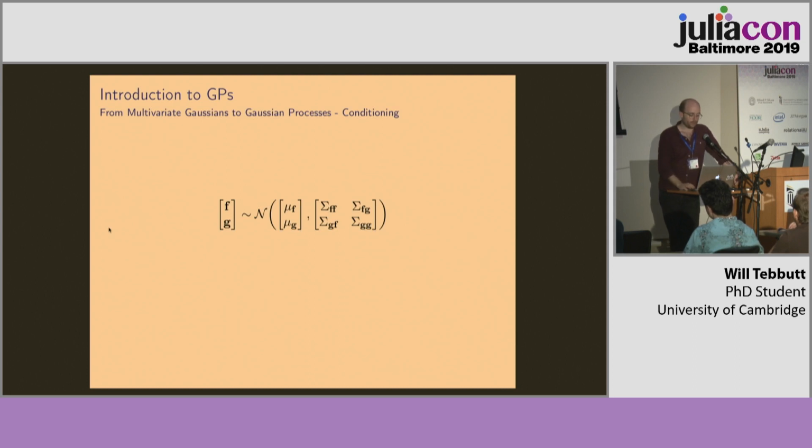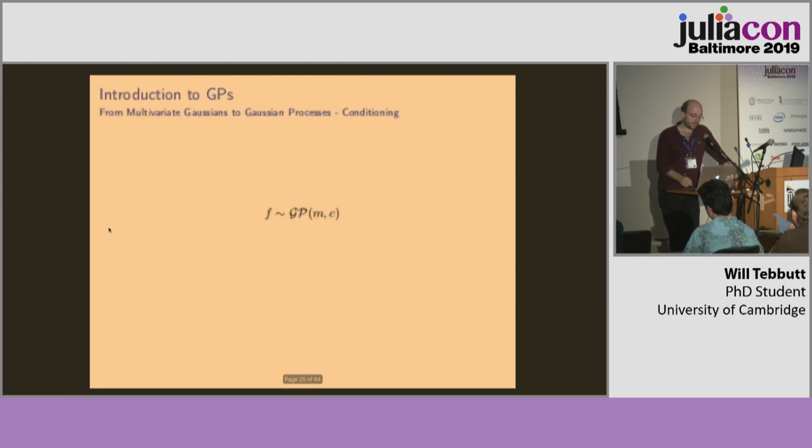I won't go over this in too much depth, but here we're in finite dimensional Gaussian again: if you've got a block vector F and G, and you want to condition on observations of F, then you get a new multivariate normal, which is the thing on the second line, with some new mean and some new covariance. Doesn't really matter what these are, but they're simple expressions.